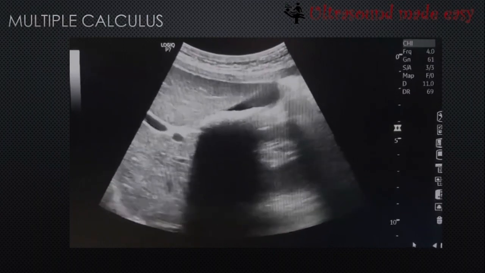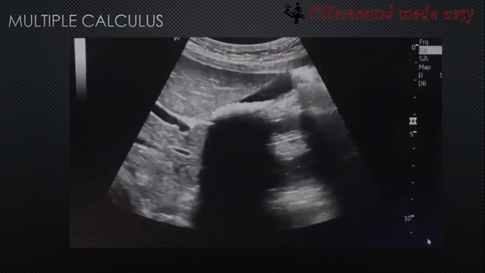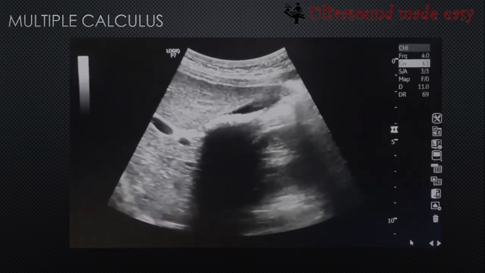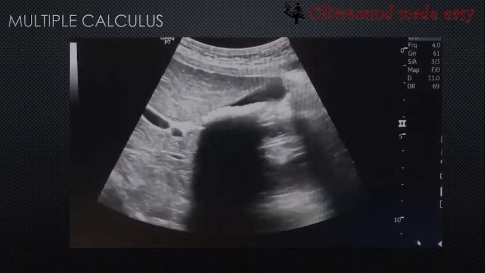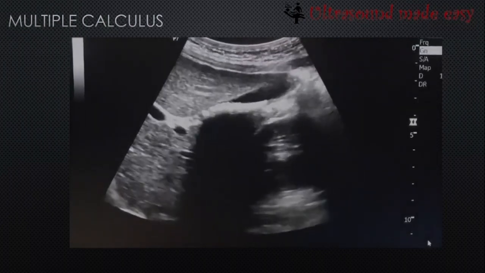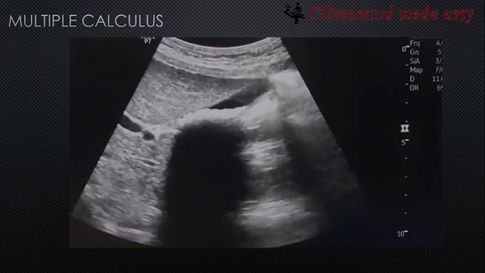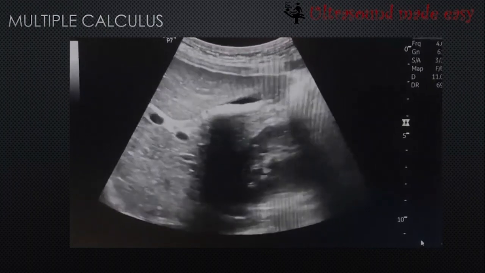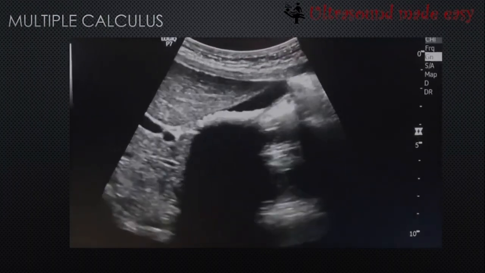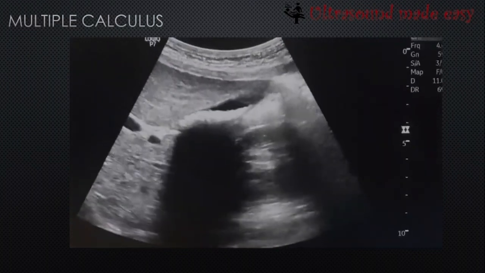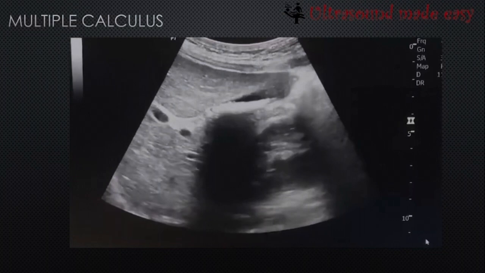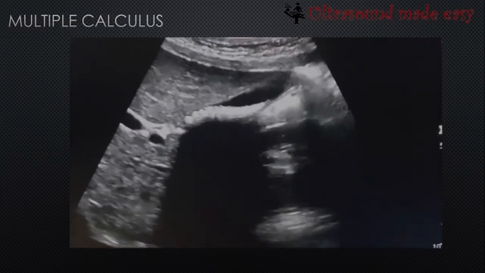Here is another case in which we are seeing multiple calculi giving strong posterior acoustic shadowing, and the gallbladder is filled with the stones. In such cases, it is very important to note that we have to look at the CBD also. Whenever the calculus is very small, we have to look at the CBD also.